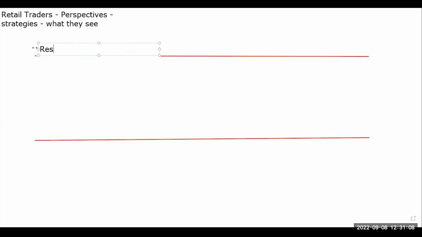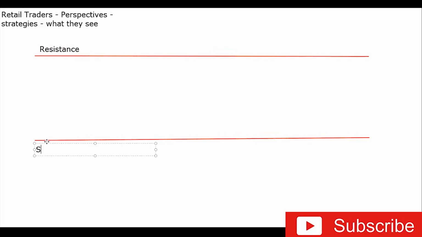So the top part is resistance. Why? Because it's generally earmarked as a selling point for price, where price, via market memory and via trading psychological levels, has come to several times in the past and been rejected. And so at resistance, markets fall, or the perception is that markets fall.